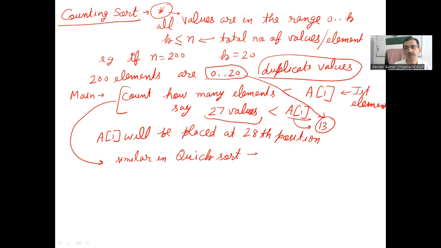But that was comparison based. Here the catch is it has to be done without comparison. Again the question comes: how? Don't worry, we are going to see that. Let's have a look.